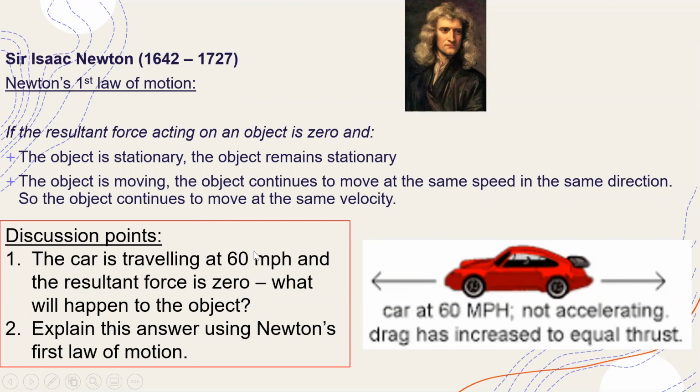What will happen to the object? Explain using Newton's law of motion. The answer will be: if the resultant force acting on an object is 0, and the object is moving, in this case the object continues to move at the same speed in the same direction. So the object continues to move at the same velocity.